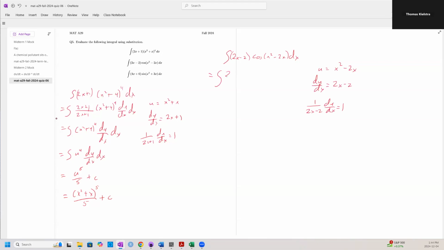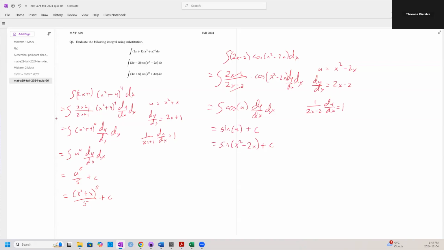Subbing this in, we get (2x minus 2) over (2x minus 2) times cos of (x squared minus 2x) du by dx dx. These cancel again, giving us the integral of cos of u du by dx dx, which equals sine of u plus c, which equals, remember we have to substitute back, sine of (x squared minus 2x) plus c.